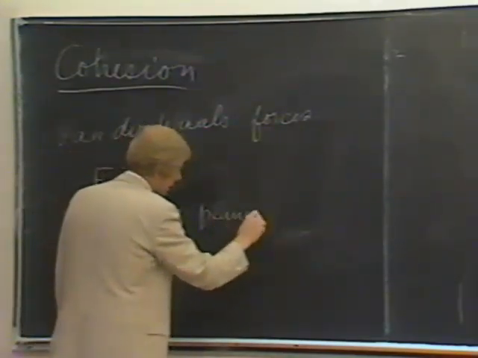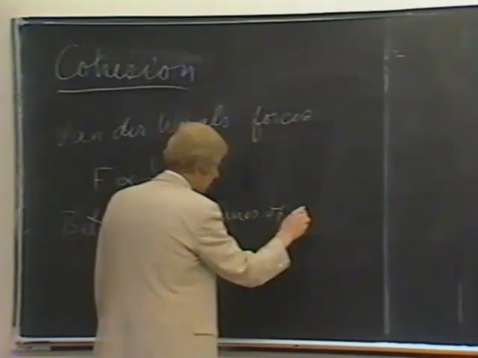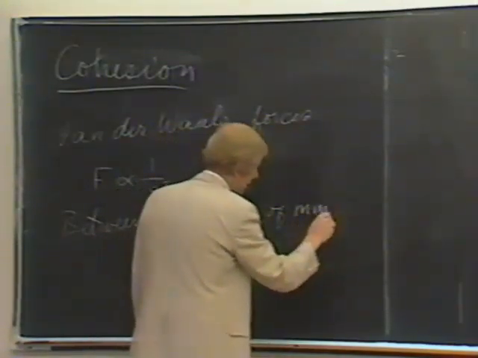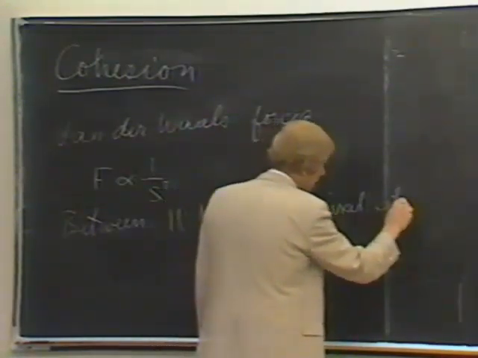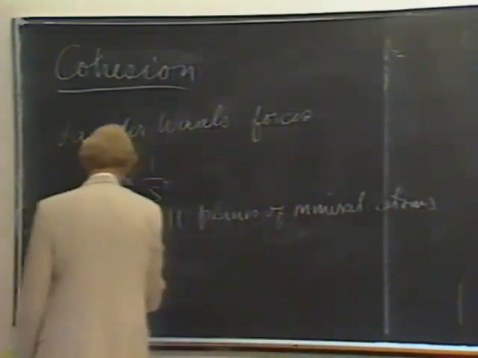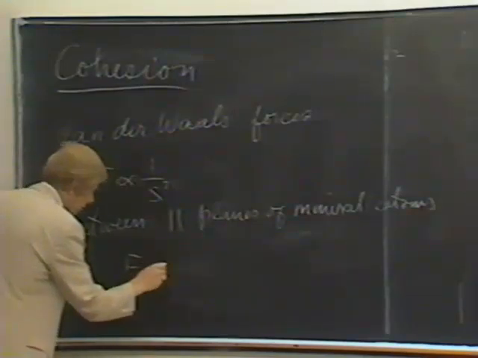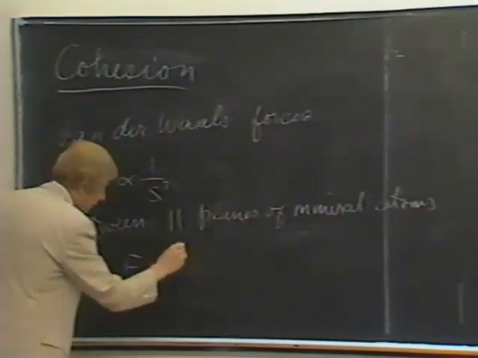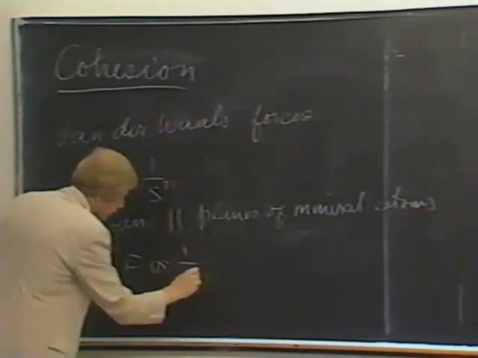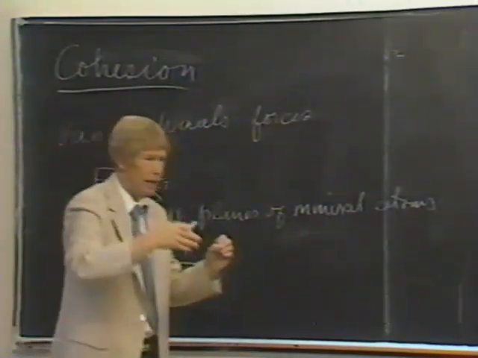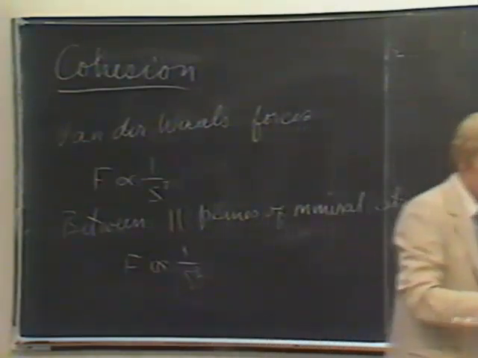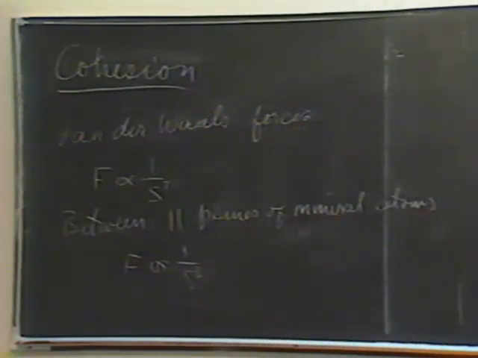Recall I described this attraction as due to the instantaneous dipole formed by the motion of the nucleus within the cloud of electrons. And that I pointed out that it's omnidirectional, that is, operates in all directions, and that it's universal. That is, all matter made of atoms, anyway, exhibits this property.